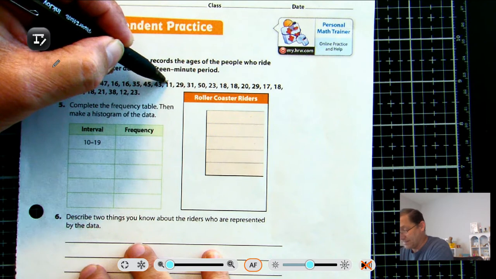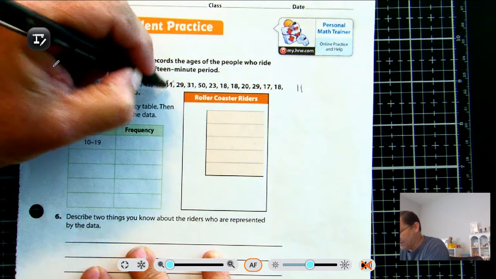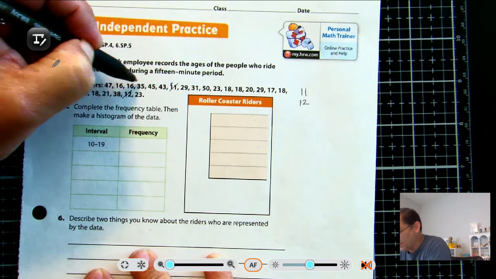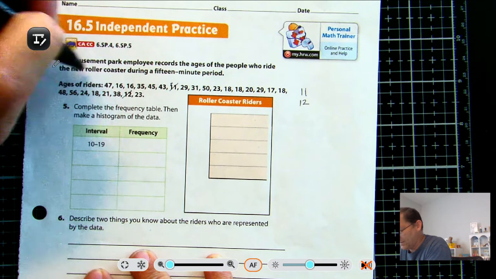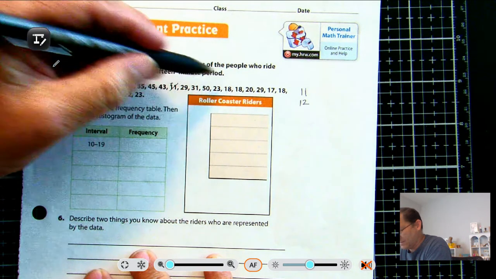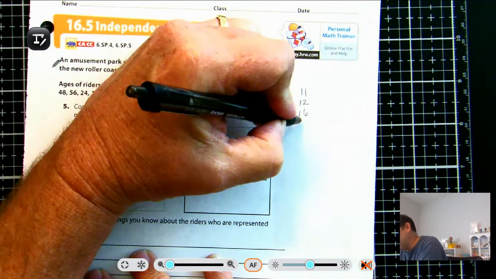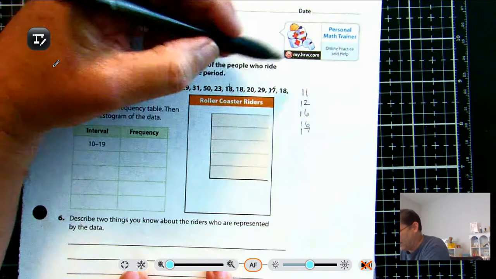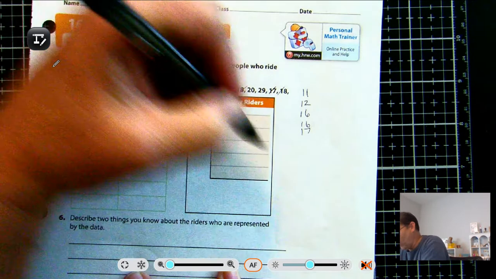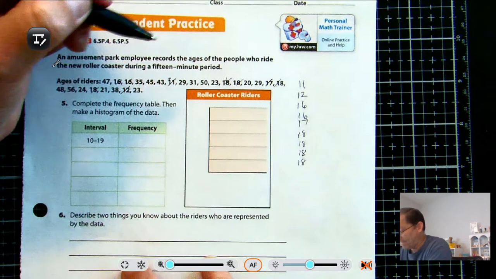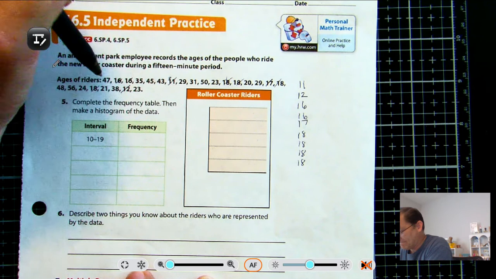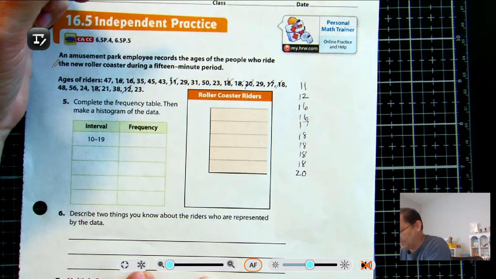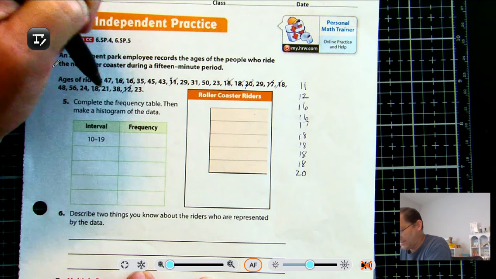Least value is 11. Then 12. 16, and there's two 16s. 17, and then 18. 1, 2, 3, 4 18s. All right, 20. 21, 1.